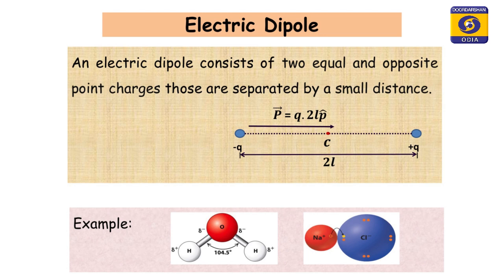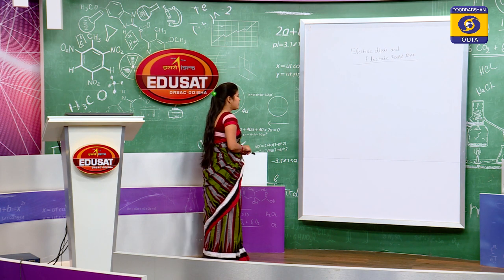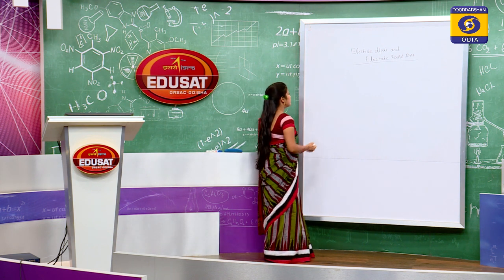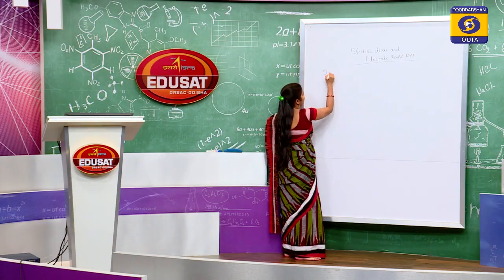Now, let us find electric field due to an electric dipole at a point on the axial line and equatorial line. So, first let us see on the axial line.